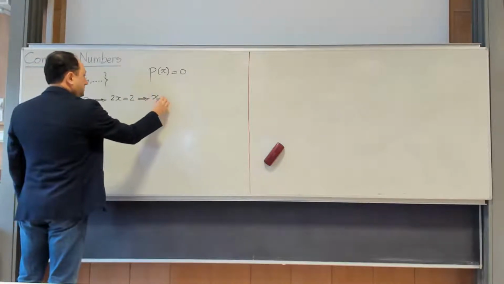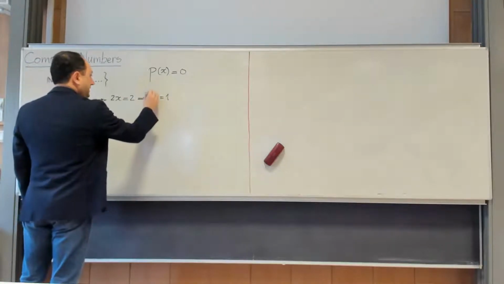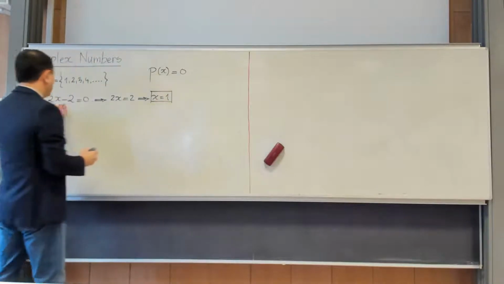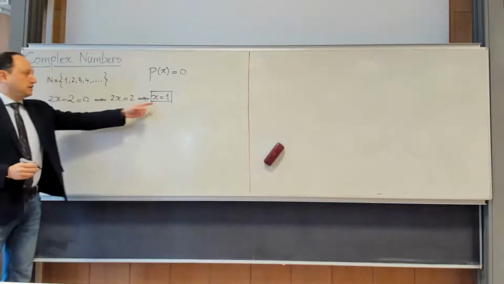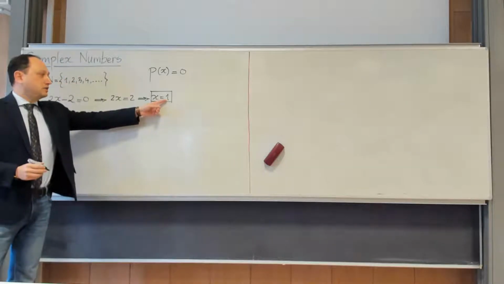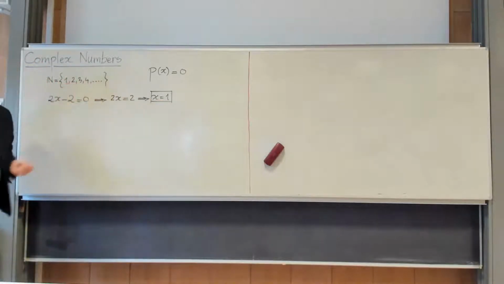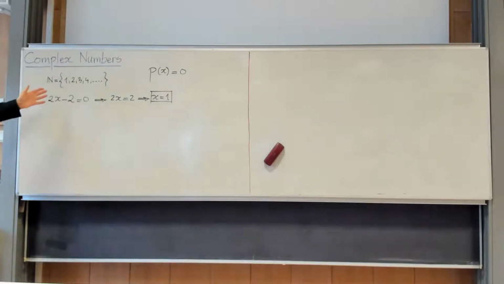So then x becomes equal to 1. So it means that for this equation, this set is actually enough. What do I mean by that? I mean that when you find the answer, it is a number there. But it is not enough for solving all possible equations.